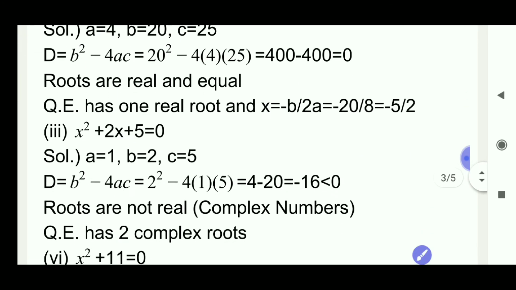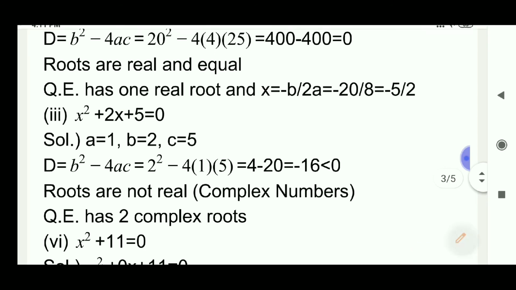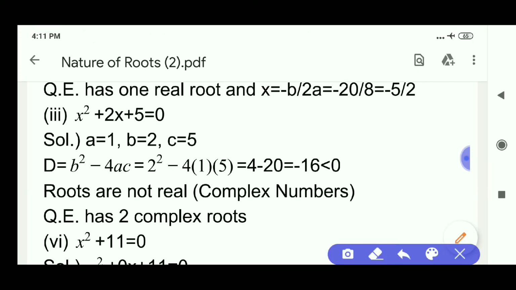Now, the third question. x square plus 2x plus 5 is equal to 0. What is a? x square coefficient, yes, 1. And what is b? x coefficient, 2. What is c? Constant, 5.